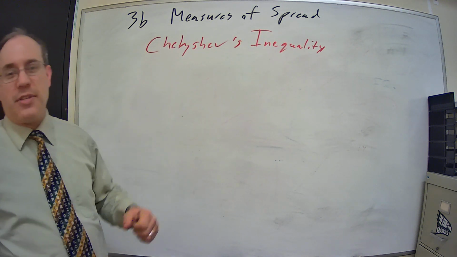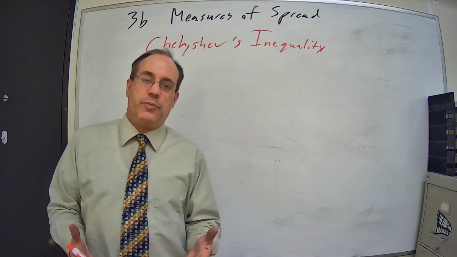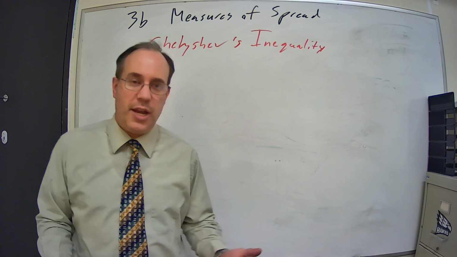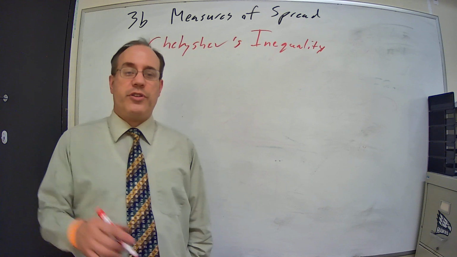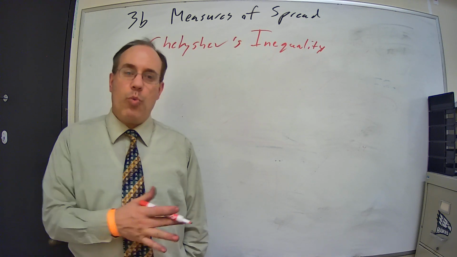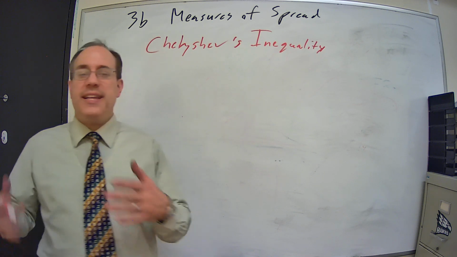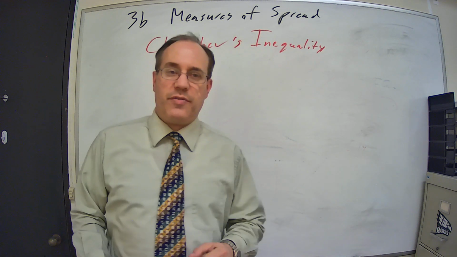So Chebyshev said, well, yeah, that's great, we can do this for a normal distribution. Well, what if we're dealing with a non-normal distribution, some other random shape? And he came up with a method for determining the minimum percentage of data within a certain range. So it's not the exact amount, but you could say at minimum there will be this percentage of data.